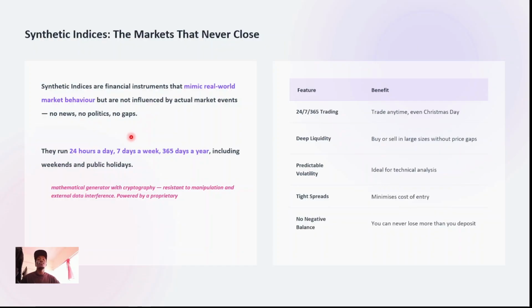As you can see, they run 24 hours a day, 7 days a week, 365 days a year, including weekends and public holidays. So this is a market that is open every day. There is no day that you are going to wake up and say the market is not open. It's open on weekends, weekdays, and public holidays.